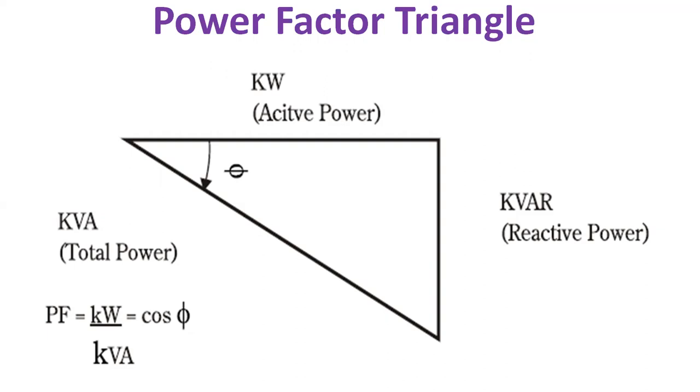That is, reactive power kVAR lags the active kilowatt. The vector sum of the two is called the apparent power or kVA, as illustrated in the figure. And the kVA reflects the actual electrical load on the distribution system.